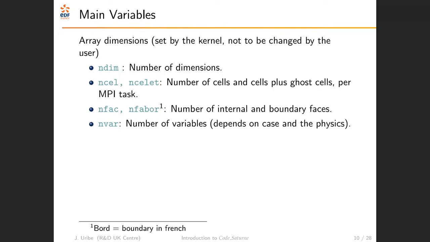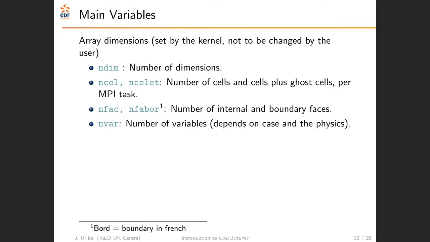You see this BOR loading in the code, that's because French bord is the boundary. So internal faces and boundary faces are treated completely different in the code because an internal face has two cell centers, part of the connectivity, whereas a boundary face has only one center.